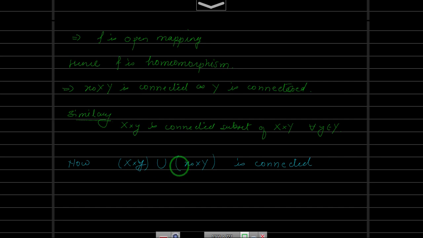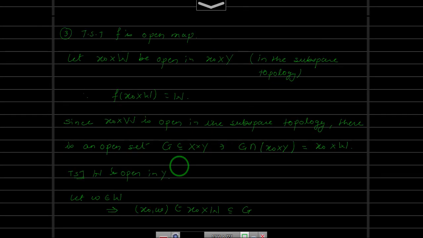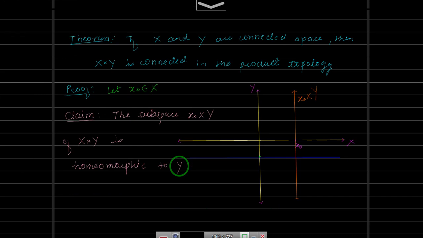Why? This is because if you look at the diagram, we have this orange line and this blue line. This point is a common point. This is connected, this is connected, their intersection is this point. So the intersection is non-empty, that means the union is connected.